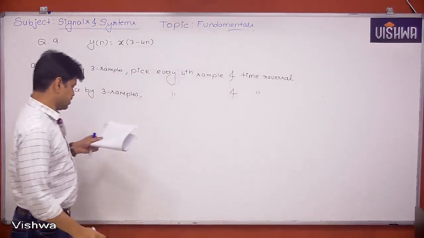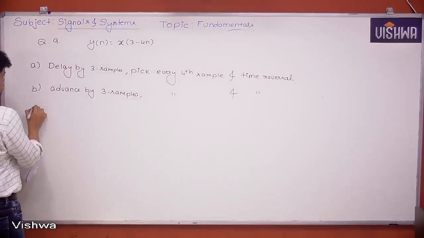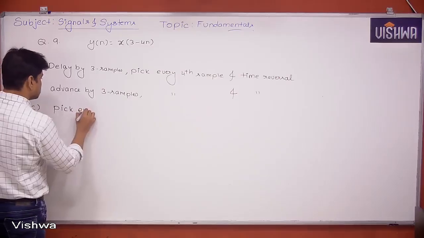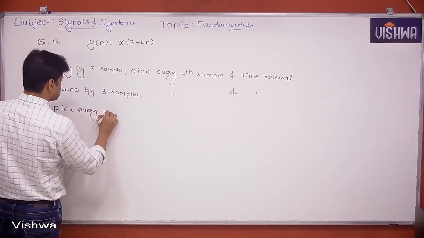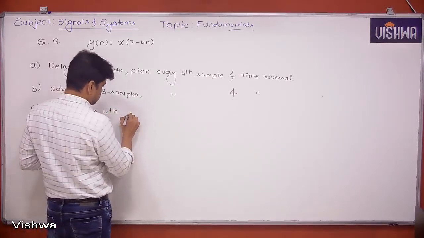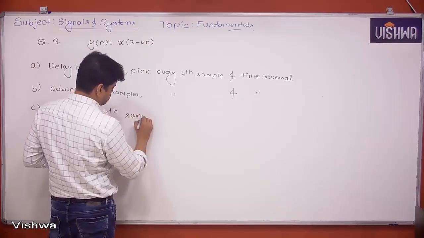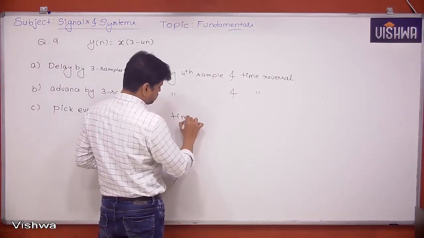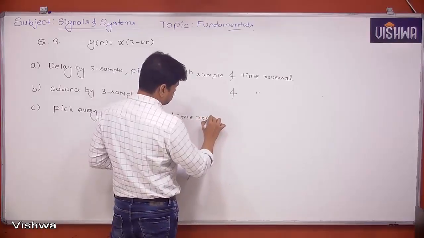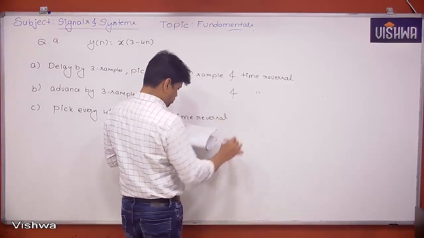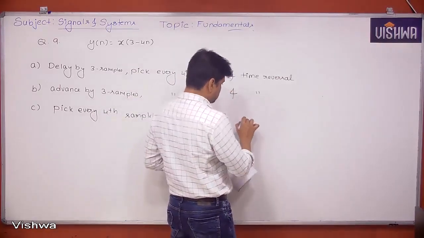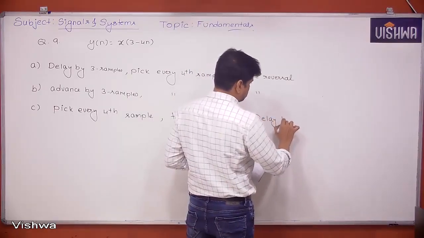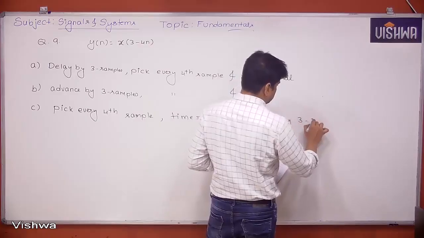Option C: pick every 4th sample, time reversal, and delay by 3 samples.